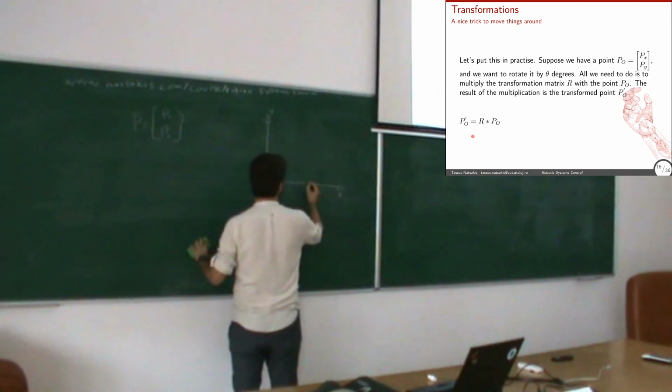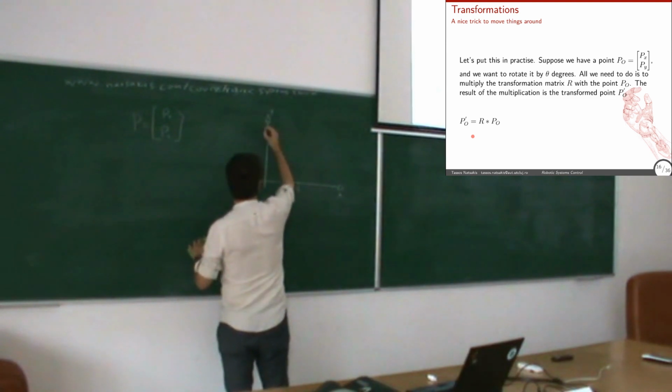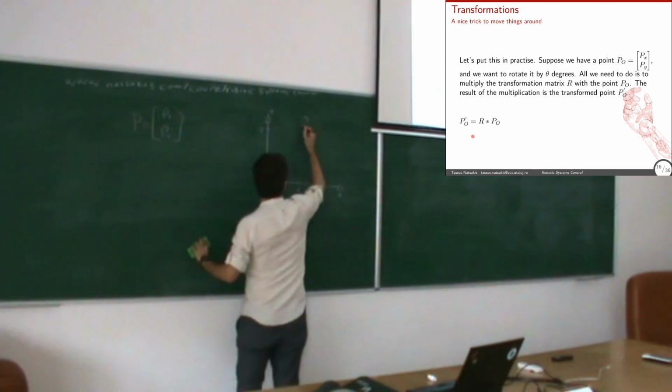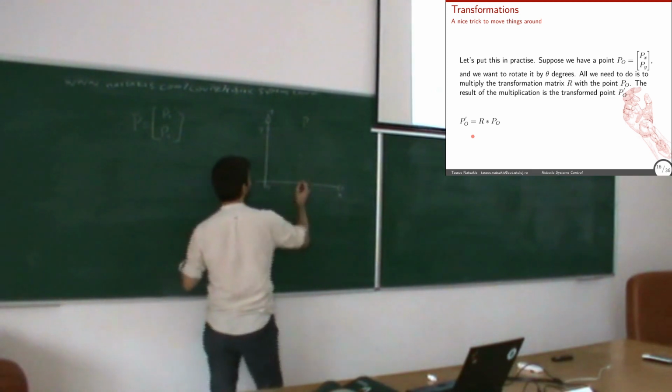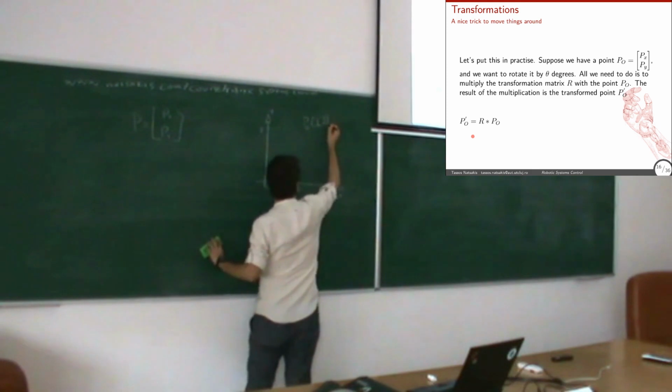Let's make it bigger. So this is 1, 1. This is 1. This is 2. Okay, so I have a point P. This is coordinate frame 0, and this point has coordinates on coordinate frame 0, 1 and 2.